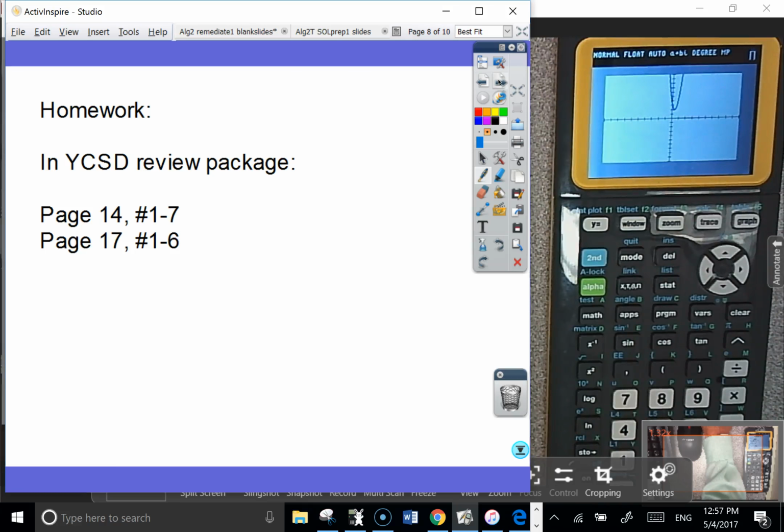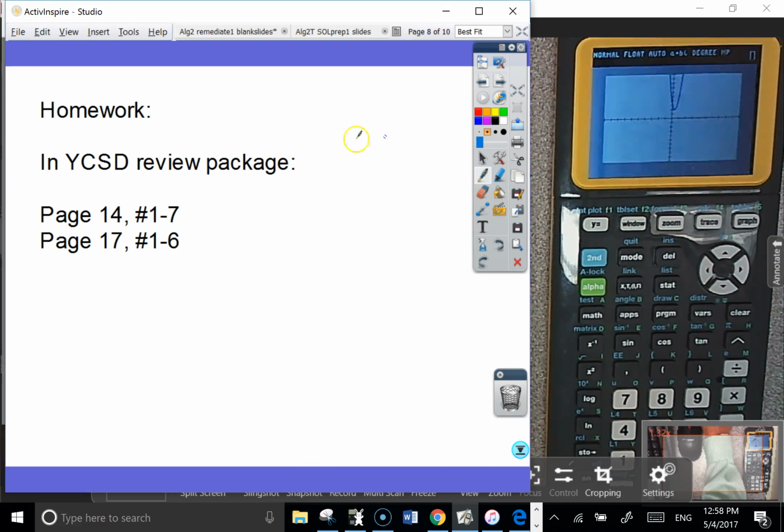You want to write those down for a second? 14 is 1 through 7, and 17 is 1 through 6. So you should try to finish these in class today. Don't let it wait.